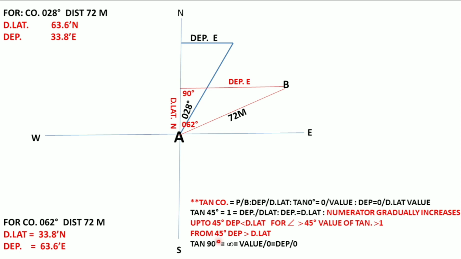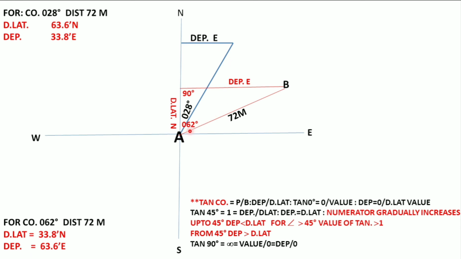And from 45 onwards, the value of tan increases from 1 to infinity. Now, that is possible because your denominator keeps on reducing and your numerator is increasing. So as you progress from 0 degrees towards 45, your D.LAT keeps on reducing and your departure keeps on increasing.